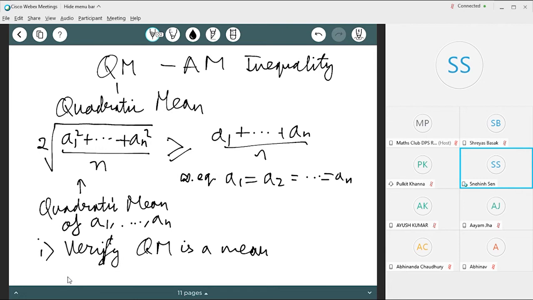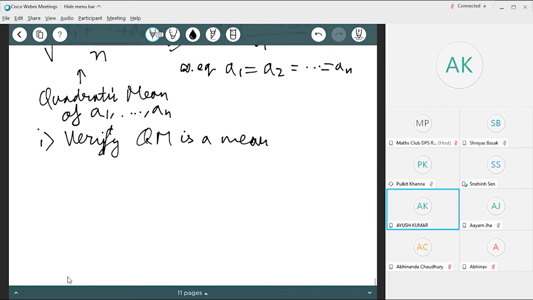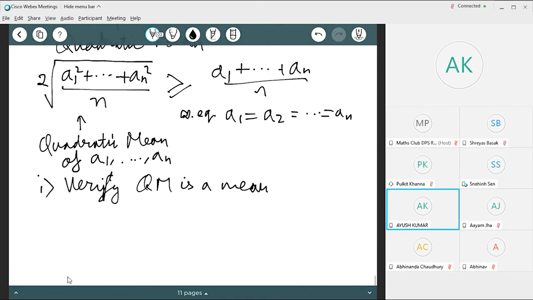Okay, so let's try at least to prove this one. First of all, any ideas over here? How would you like to proceed with this quadratic mean inequality? Let's prove it. If we can prove that a1 square plus dot dot dot an square is greater than a1 plus dot dot dot an whole square, yeah, that's what we need to prove.